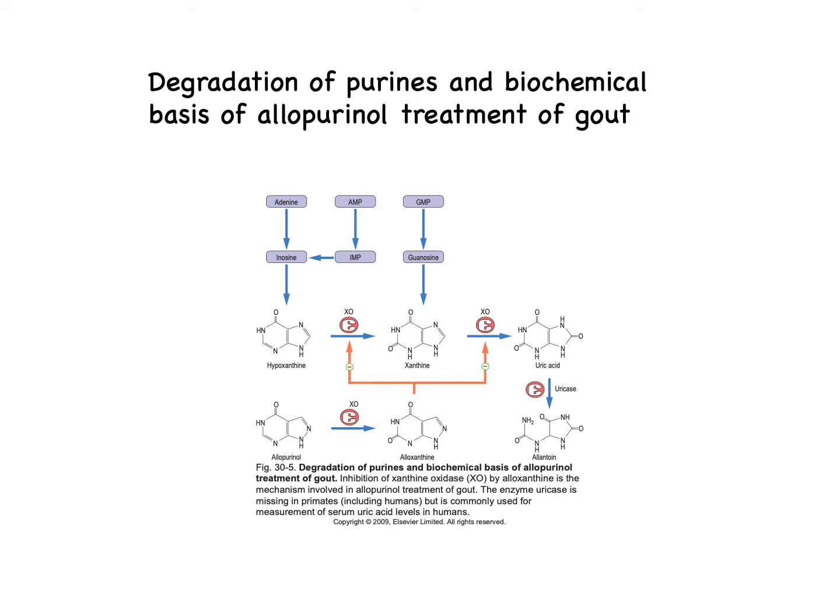So this shows the degradation of purines and the basis for allopurinol treatment. And again, you can see all these compounds, the degradation leads to xanthine, and again, allopurinol inhibits both the reactions that xanthine oxidase carries out.